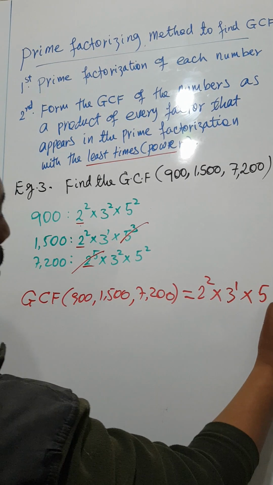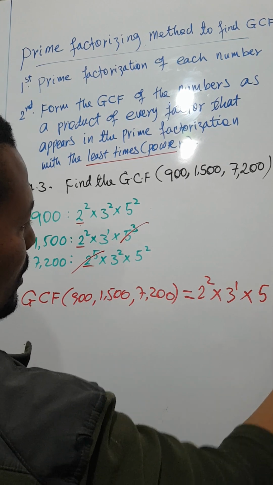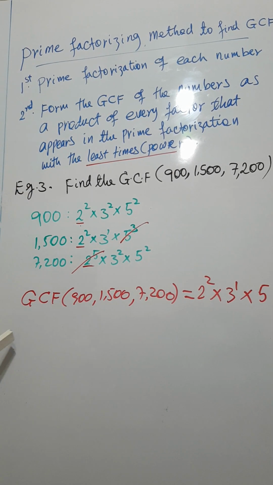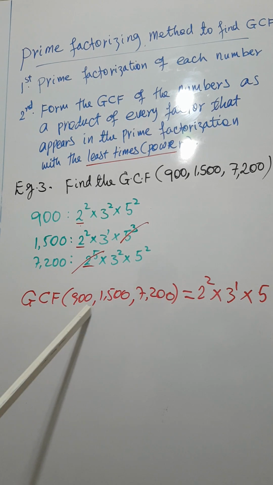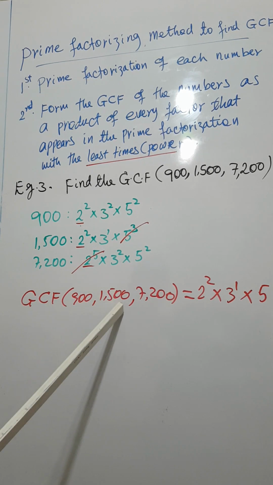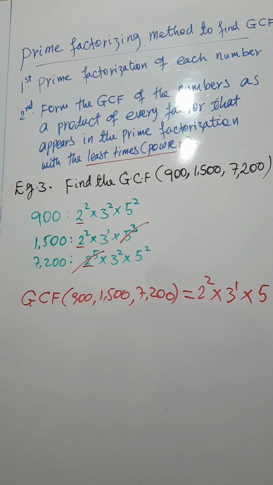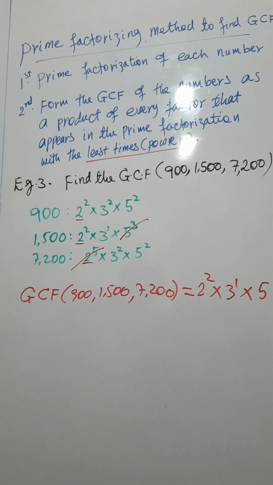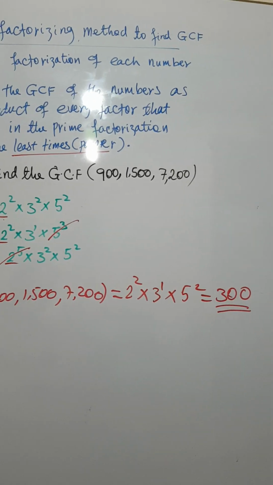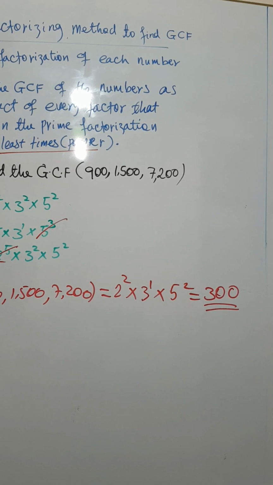So now you see the GCF of 900, 1,500, and 7,200 is 300. This is 300.